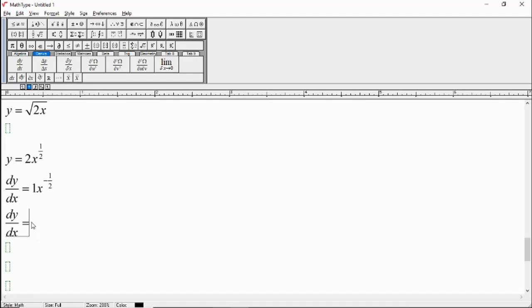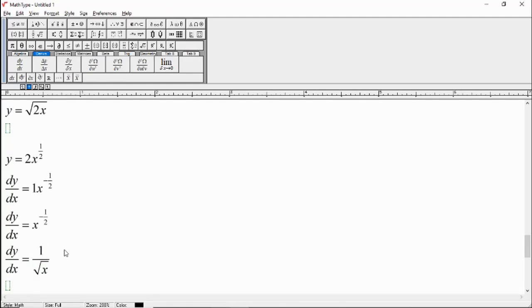So 1x, we'll just write as x to the power of minus a half, so we rewrite it as 1 over the square root of x.